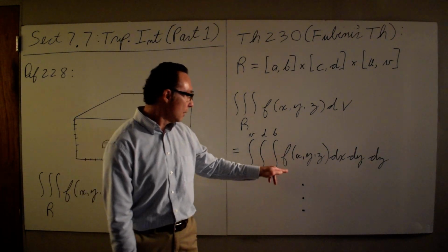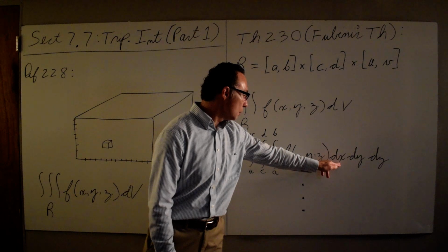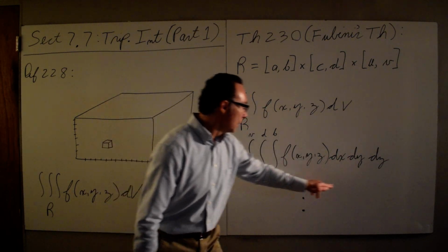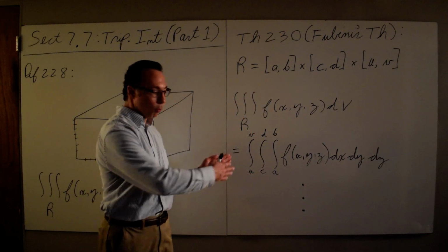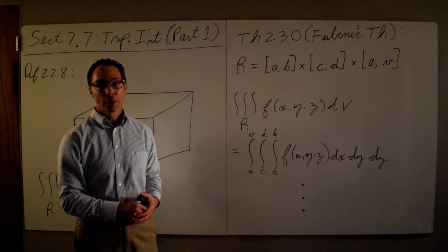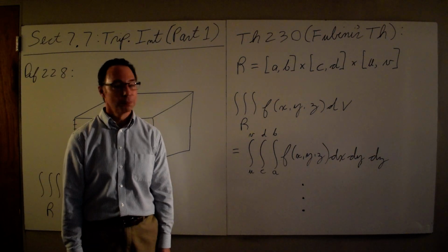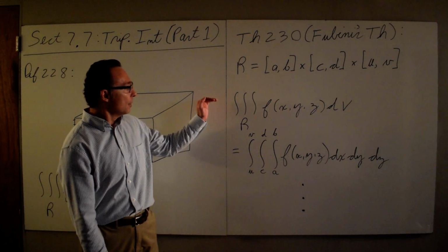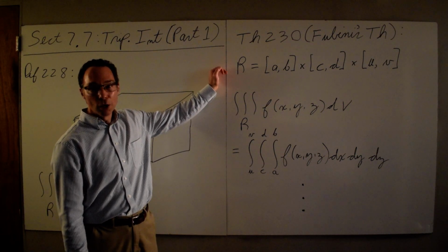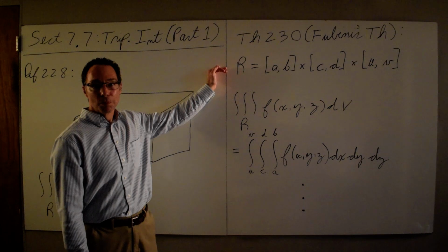So we'll look at the integral with respect to x, then the integral with respect to y, and then with respect to z. We work from the inside out, just like we do with functions of two variables. That's what Fubini's theorem says. And so in the next video, we'll look at an example where we just integrate over a rectangular prism.